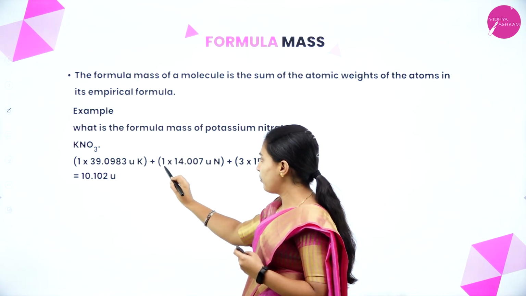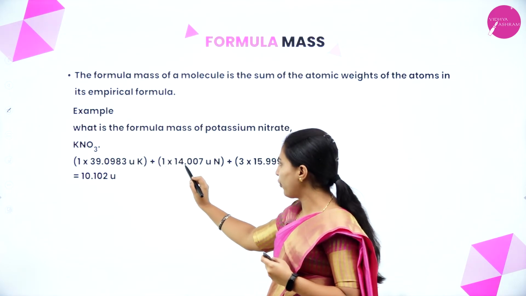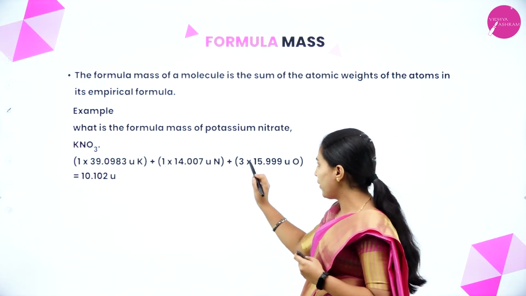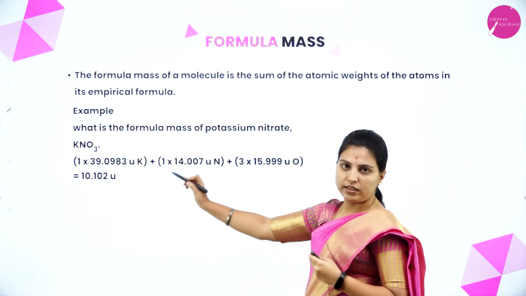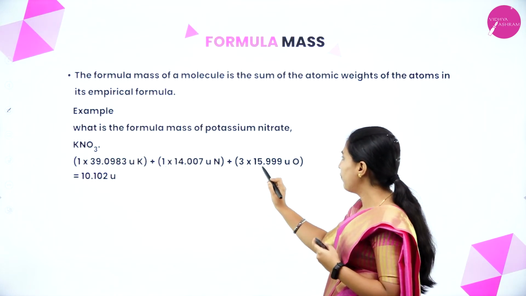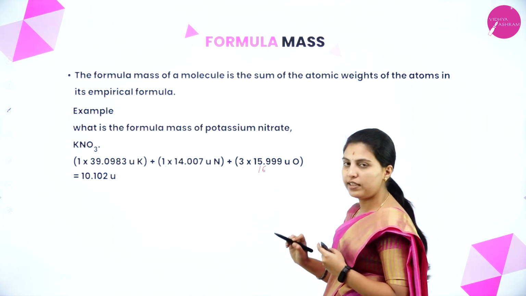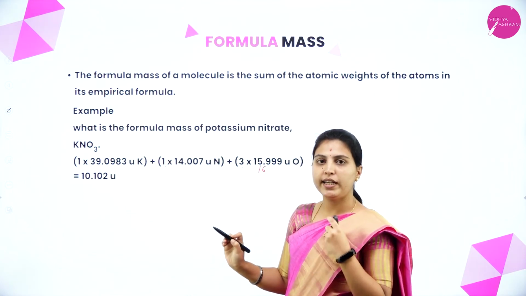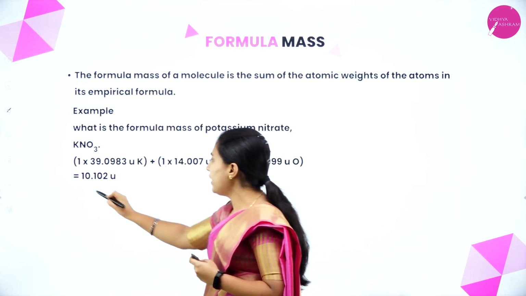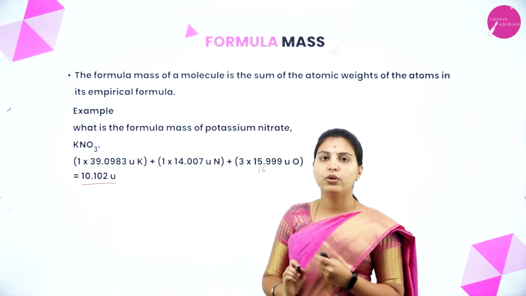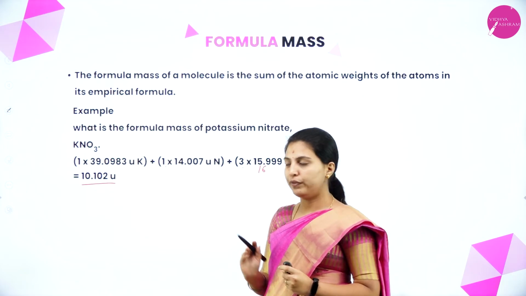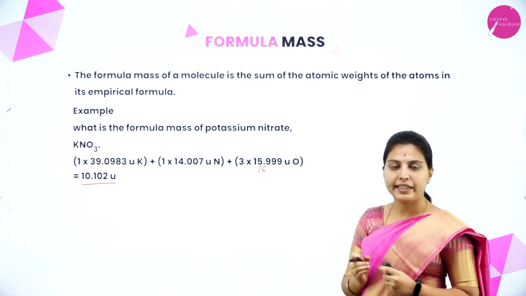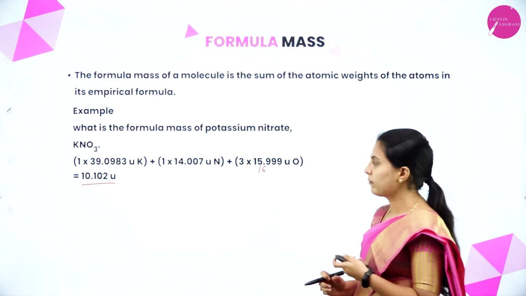Nitrogen is one atom, mass of nitrogen is 14. Oxygen has 3 atoms present, that's why we have written 3. Mass of oxygen is 15.9, around 16. After doing all the multiplication and addition, you will get 101.02 unified mass. This is how the formula mass is calculated.